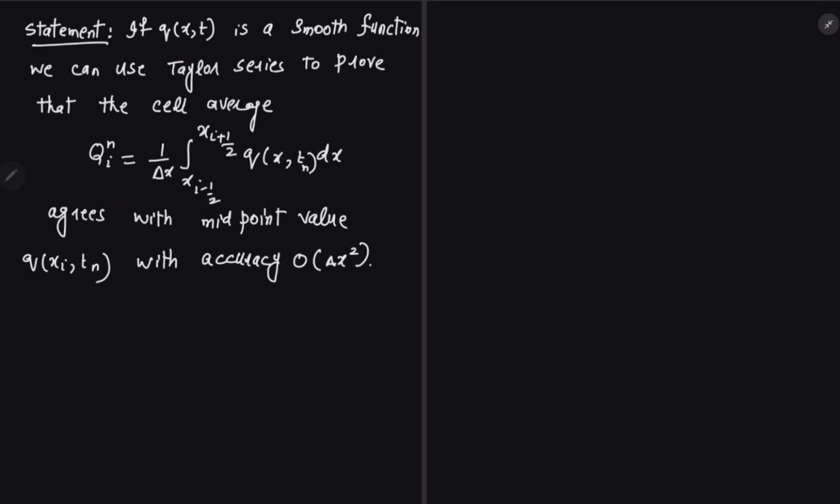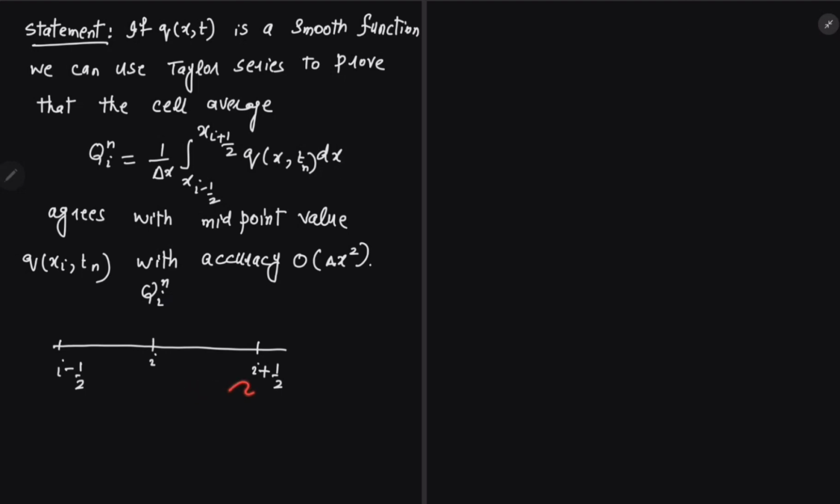So we see that if we have, for example, this cell from i minus 1/2 to i plus 1/2, this was our volume or cell. The value on this cell is Q_i^n. We need to show that it has order delta x square.